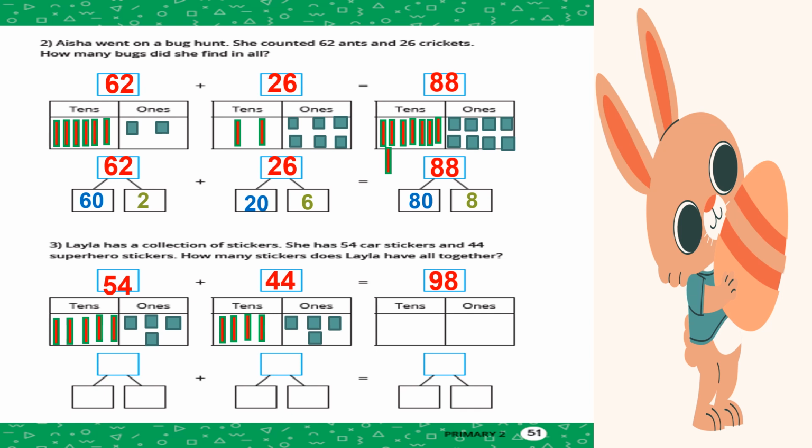How many sticks do we have? 9 sticks. How many small squares? 8 small squares. Let's decompose 54. 50 plus 4. Let's decompose 44. 40 plus 4. Let's decompose 98. 90 plus 8.